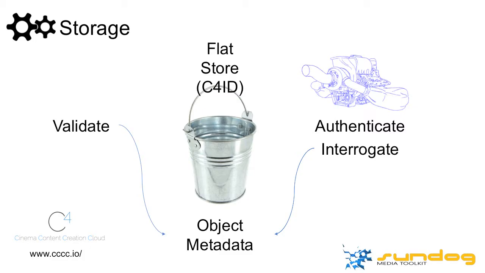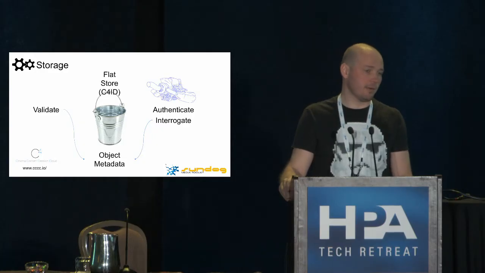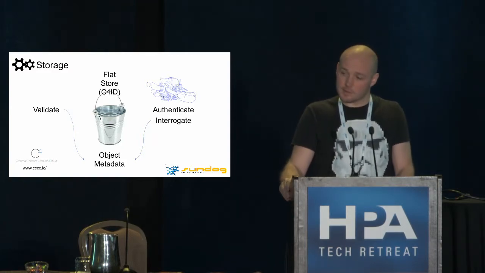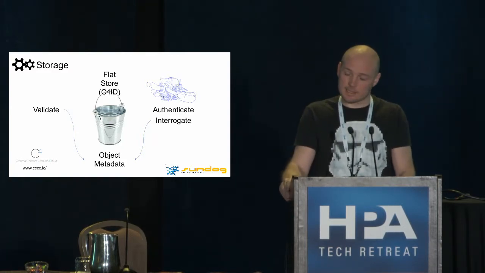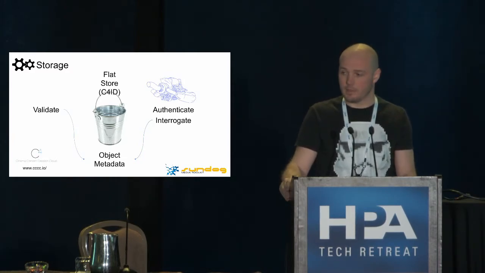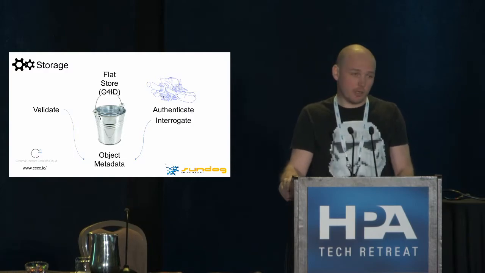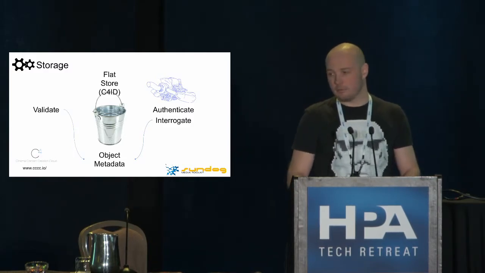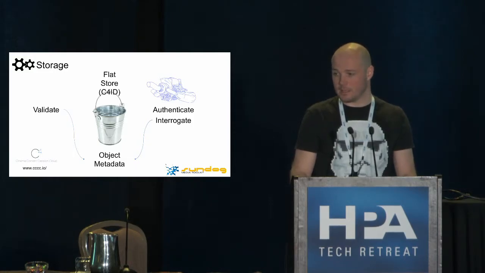C4ID is a very easy way of doing a kind of modified SHA-512 checksum on the content and generating a unique identifier that is immutable. It allows you to automatically deduplicate assets. It allows you to determine if the assets get changed later by running the same hash. And you can use it to obfuscate the assets in storage as well, just as an added layer of security.